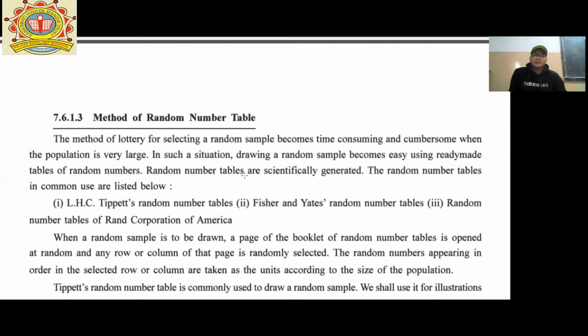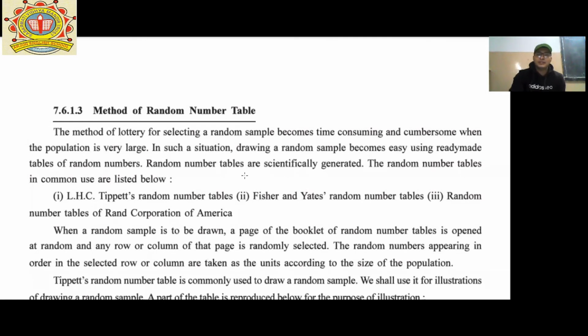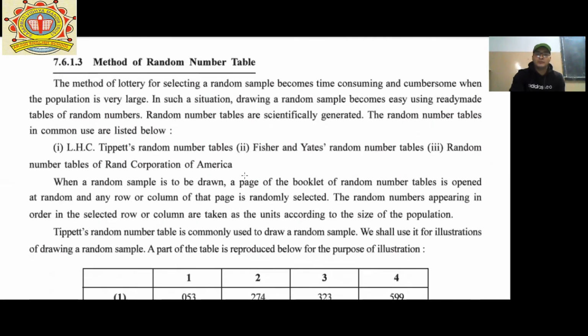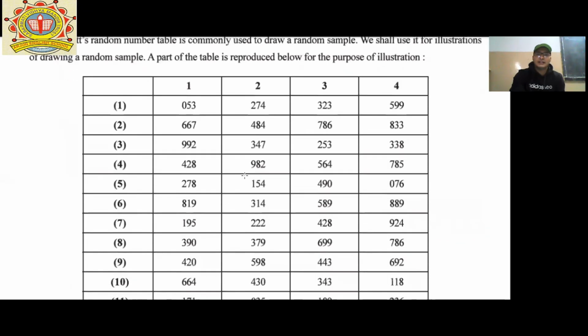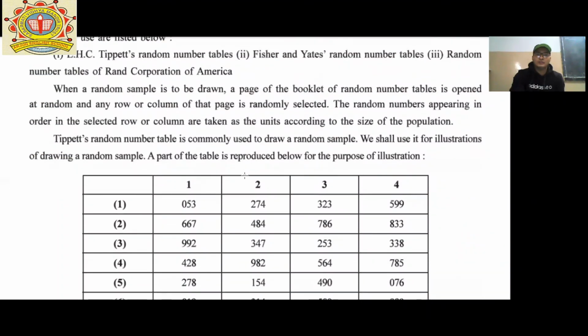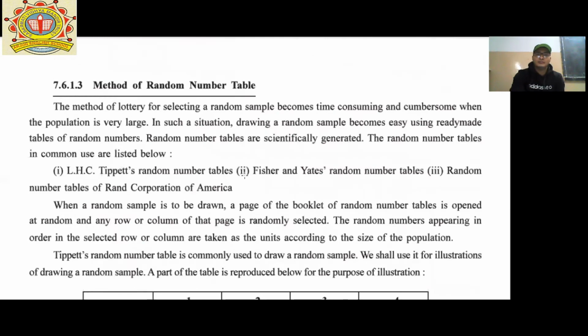Third, random number table of Rand Corporation of America. So these three techniques are available for random number table. Remember this very carefully. It can be asked as a 1 mark question. Here there are some numbers, and I have to select any one out of them, so it is called a random number table.